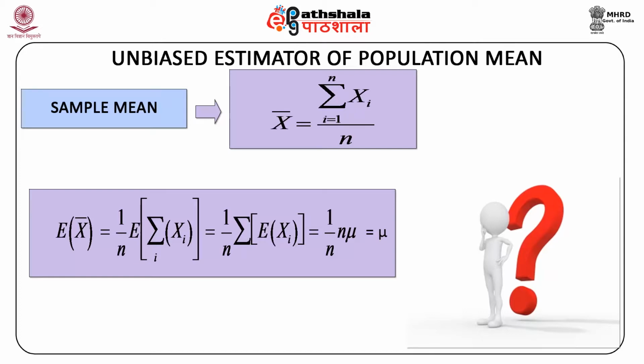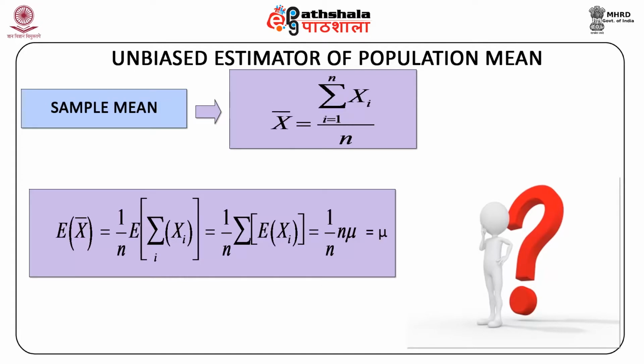So all this is on the basis of the simplification and assumption that expected value of sigma xi is the same as sigma of expected value of xi. The sample mean is therefore an unbiased estimator of population mean.